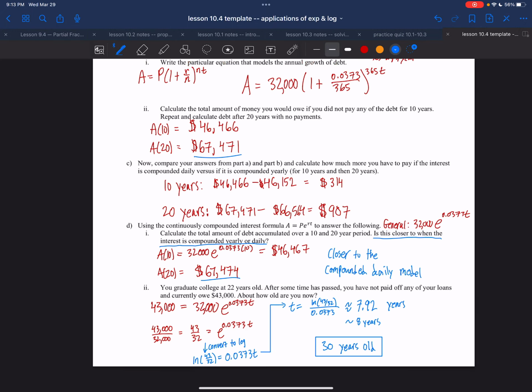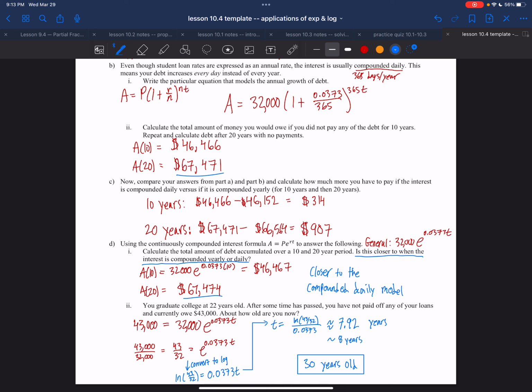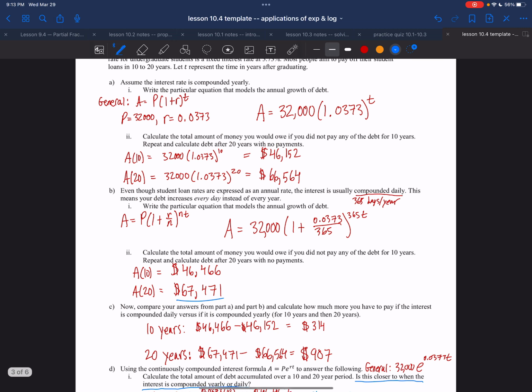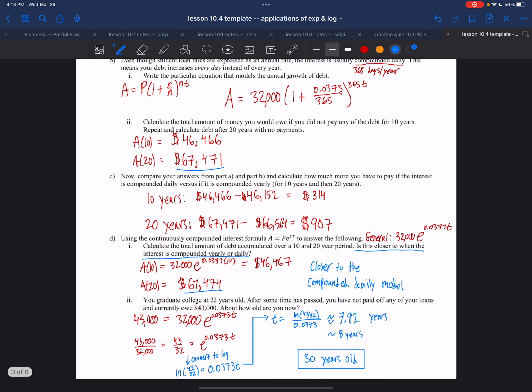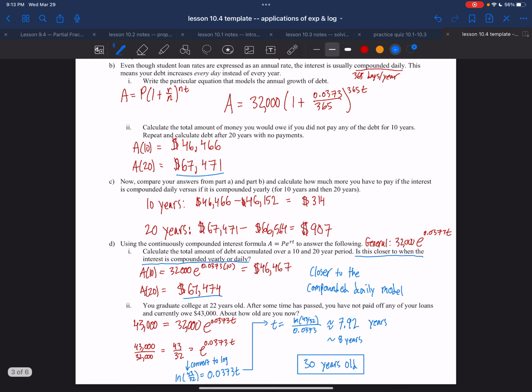But in this lesson, the difficulty doesn't lie in the calculations. It lies in the concepts, the understanding. Are you understanding the differences between these different models and the similarities, right? Notice every single model got us a ballpark same answer, but they have tiny differences.